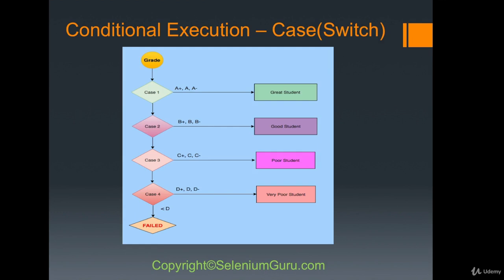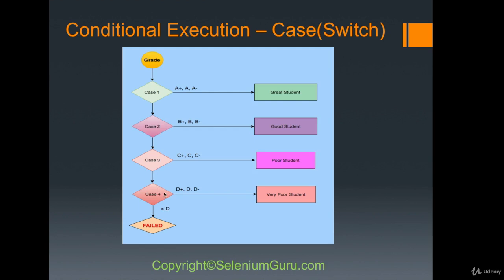So I've got this grade here, just like we did for using conditional expressions and if and else if. The case one is if your grade is A plus, A or A minus, this means you are a great student. Case 2 is if your grade is B plus, B or B minus, you're a good student. Case 3 is C plus, C or C minus, you're a poor student.